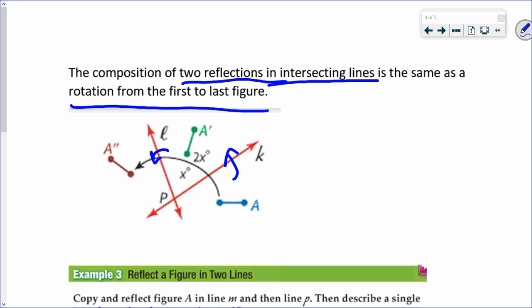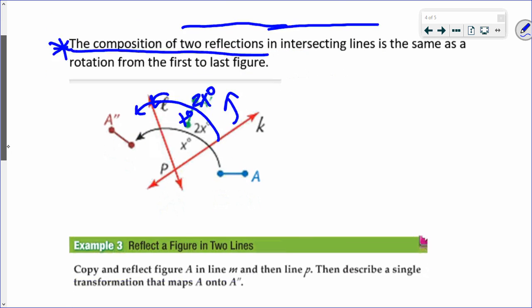And that rotation would be, well, if those lines make an x degree angle, the rotation for a double reflection would be 2 times x. All right? And so if we have intersecting lines, it's the same as a rotation. If we have parallel lines, it's the same as a translation.